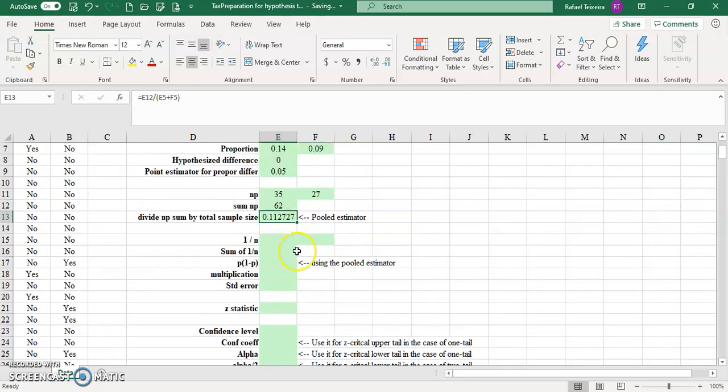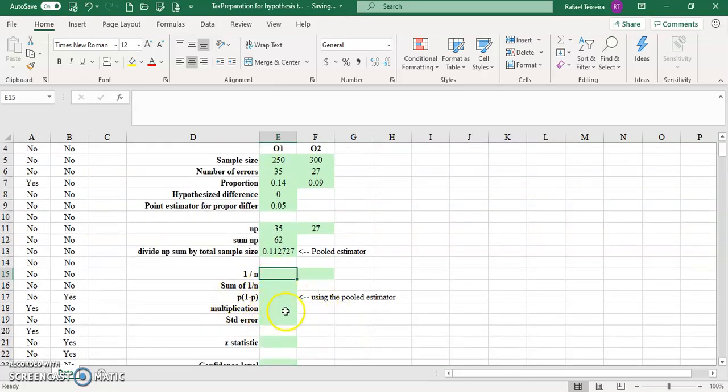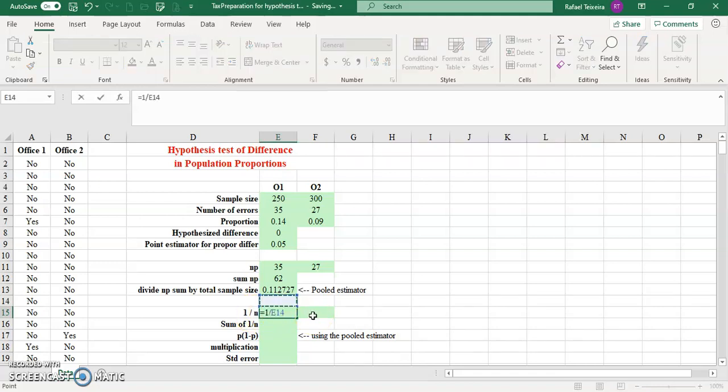Now what I have to do is, for each office, I'm going to compute the standard error using the pooled estimator, but each office has its own n, its own sample size. So I'm going to do equal 1 divided by sample size, equal 1 divided by the sample size.